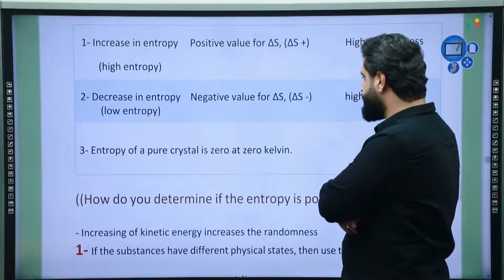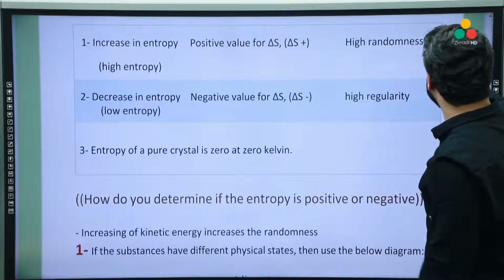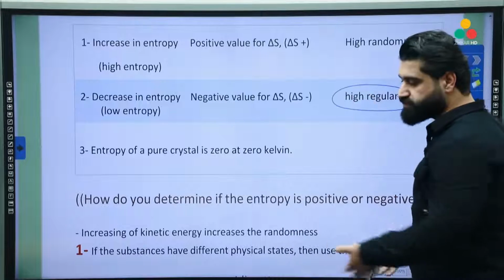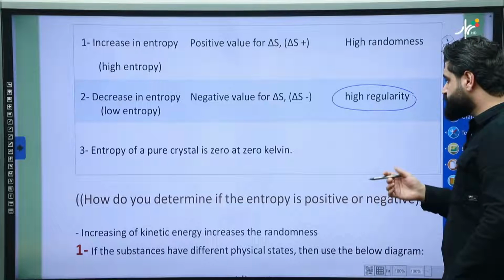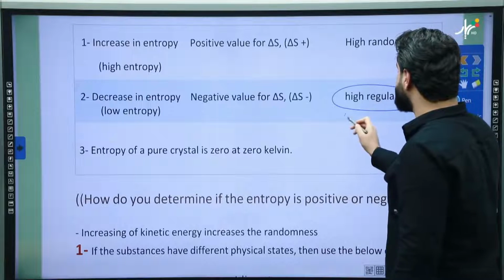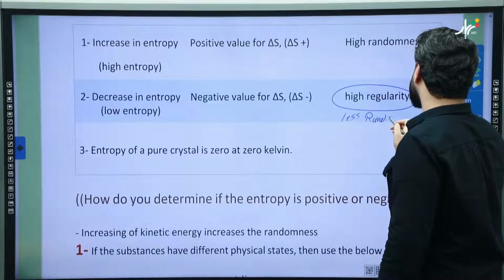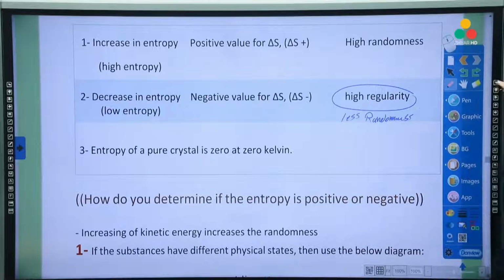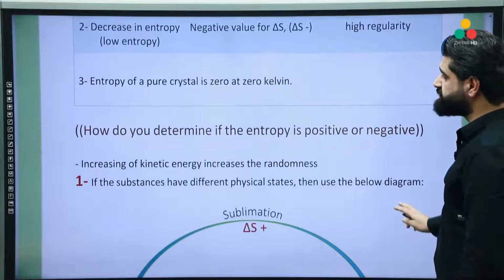A decrease in entropy, a negative value of S, means less randomness. Actually, regularity is informal according to our chemistry course. We are not going to use regularity, but we can say less randomness. Cool. The entropy of a perfect crystal is zero. This is just a note.